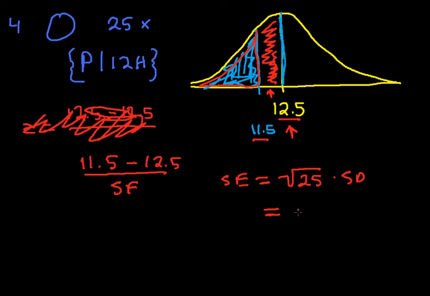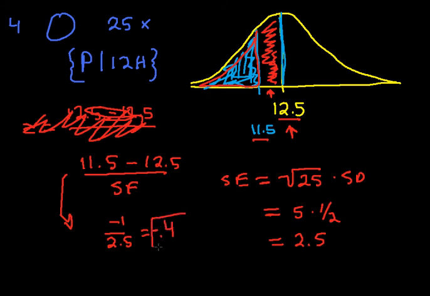The square root of 25 is 5, times 1/2, is equal to 2.5. So we have minus 1 divided by 2.5, which is equal to minus 0.4.